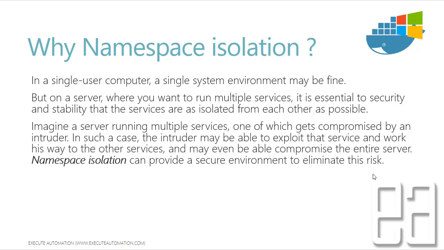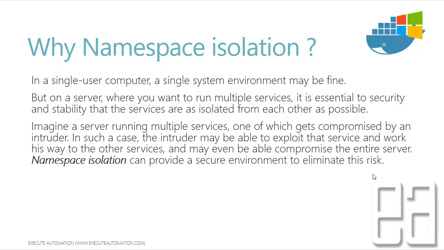Imagine a server running multiple services, one of which gets compromised by an intruder. In such a case, the intruder may be able to exploit that service and work his way to the other services and may even be able to compromise the entire server. So namespace isolation can provide a secure environment to eliminate this risk. And that's why we are going for namespace isolation itself.